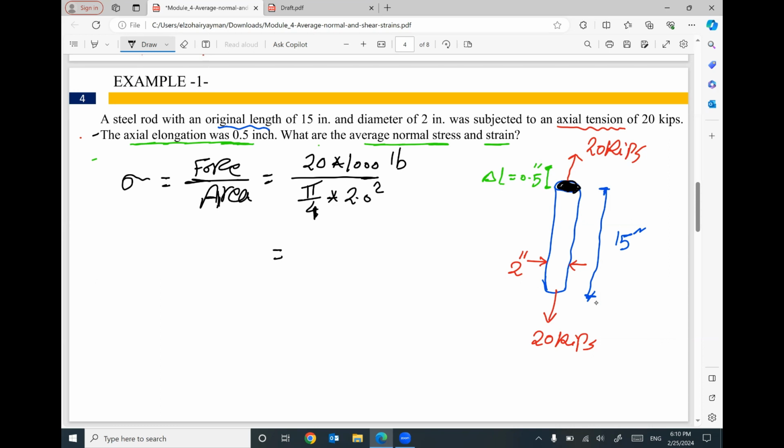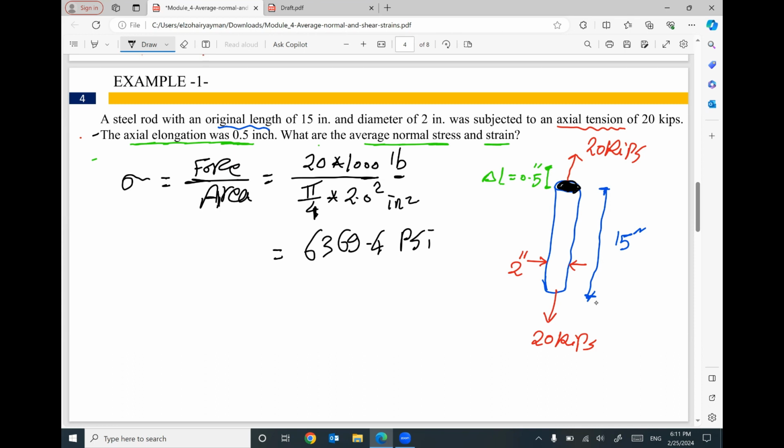Then I can figure out the average normal stress. It will be 20,000 divided by pi over 4 times 2 squared. The stress will be 6369.4 psi, or pound per square inch.